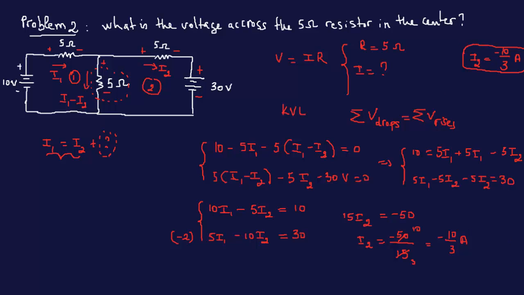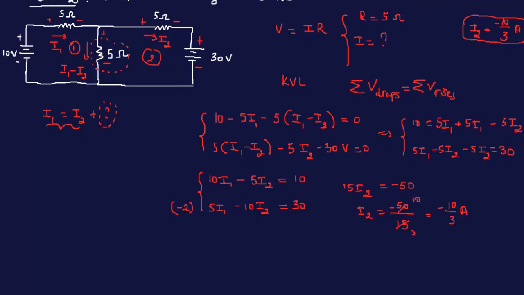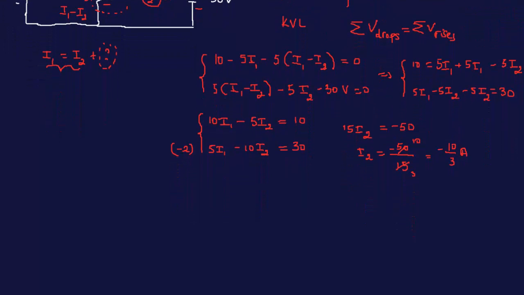Scroll down a little bit. Okay, so how do we find I1? I can go ahead and in this equation plug in minus 10 over 3, but that would be hard because it is a fraction. So I'm gonna just act like I didn't know what I2 is and try to find it from here originally.